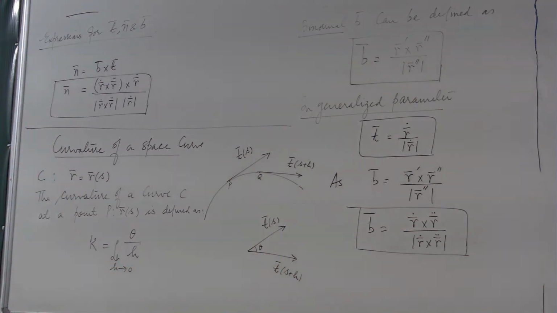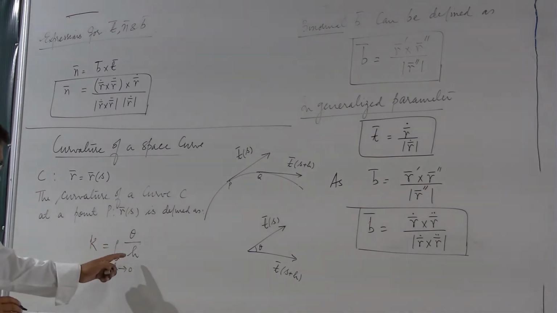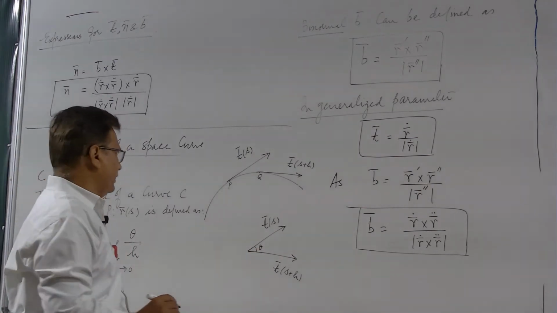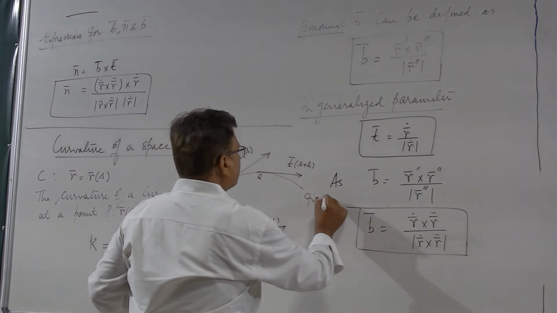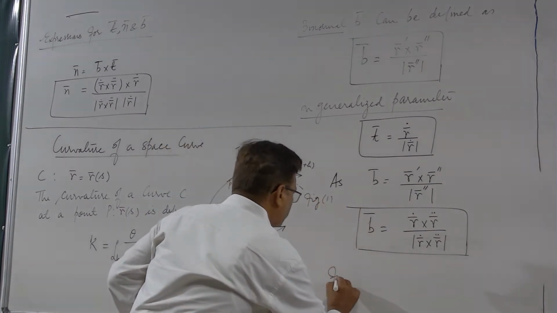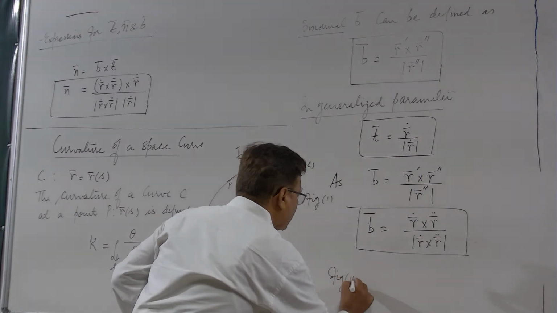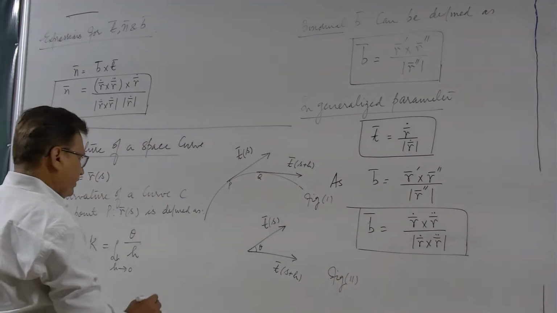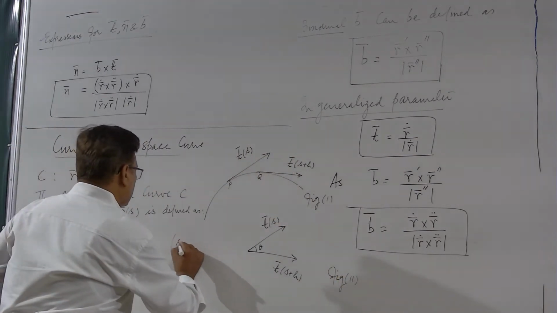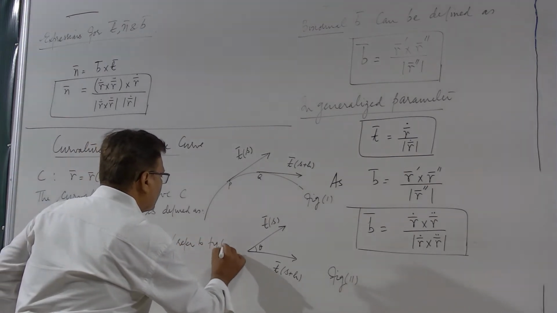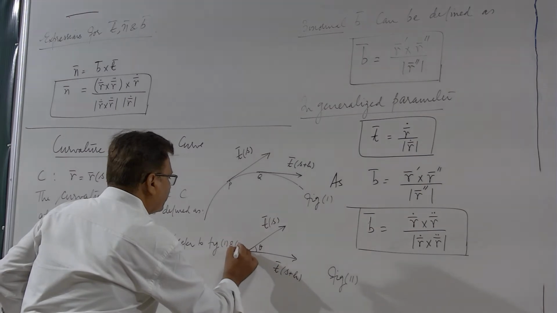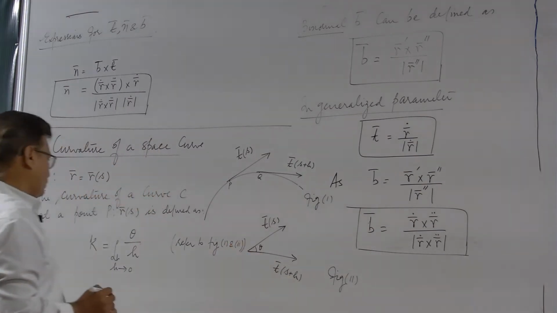Now, in order to read everything, you have to refer to the figures. This is figure 1, this is figure 2. So, refer to figures 1 and 2. What is theta?